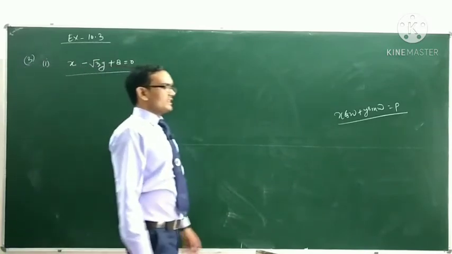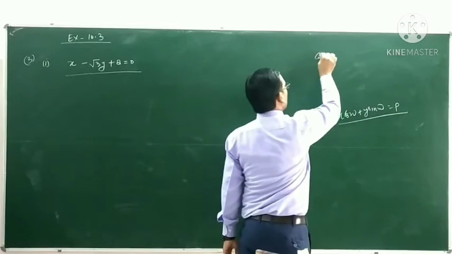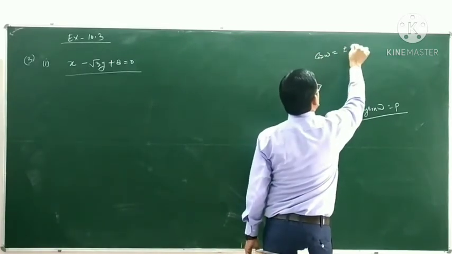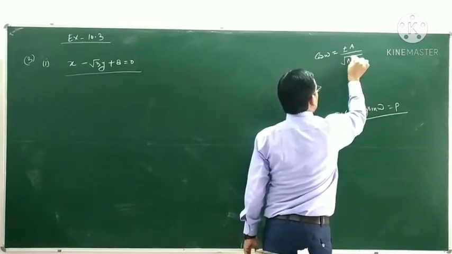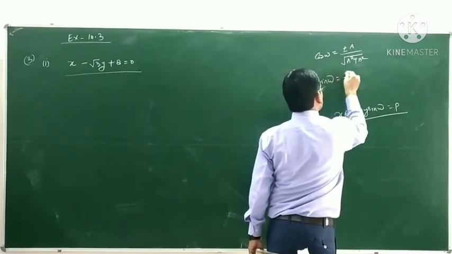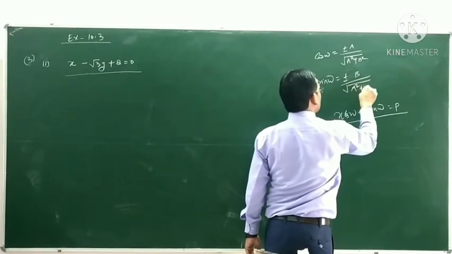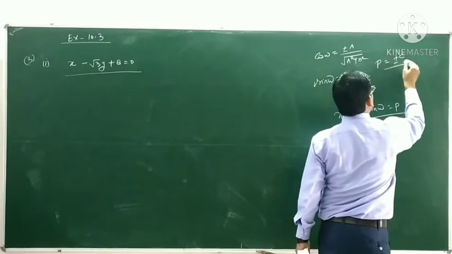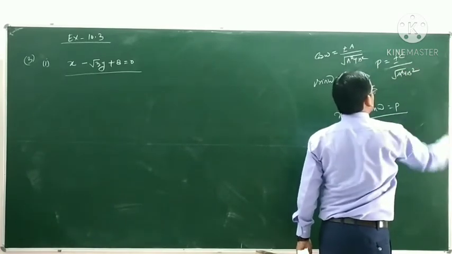Okay students, we have already discussed in the previous lecture the value of cos omega. Cos omega is plus minus a by square root a square plus b square, sin omega equal to plus minus b by square root a square plus b square, and p equal to plus minus c by square root a square plus b square.